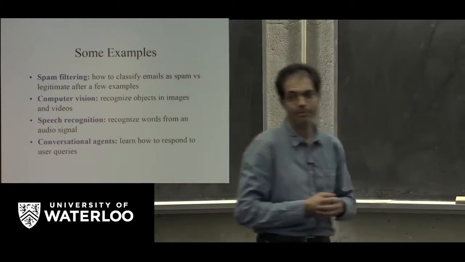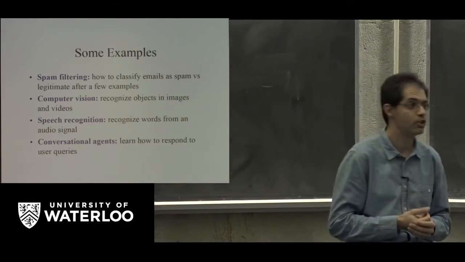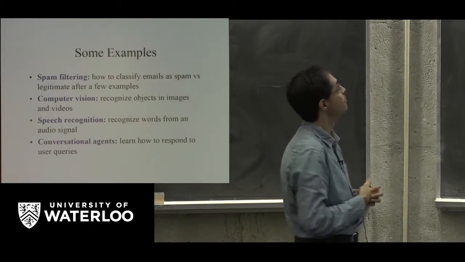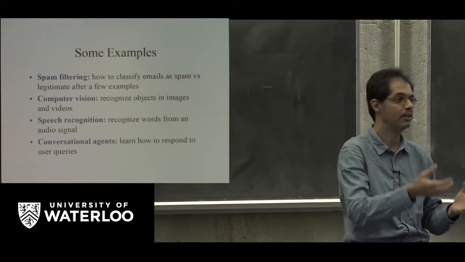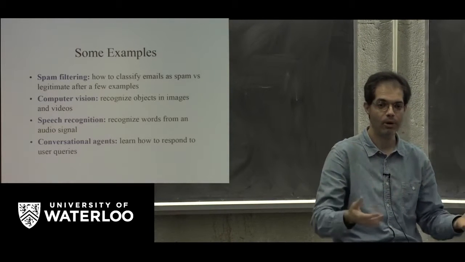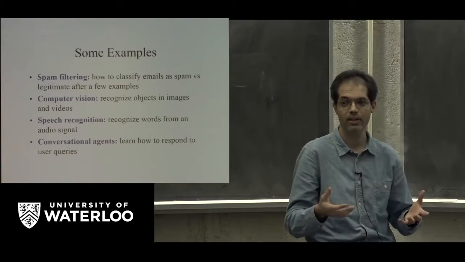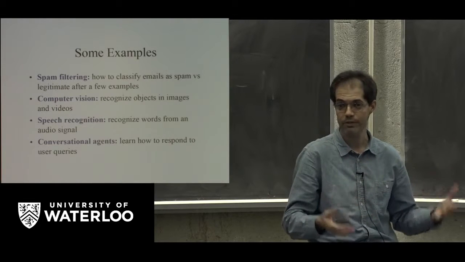There's lots of other examples. So at the moment in the industry, there's lots of enthusiasm for machine learning. That's in part because of some of the breakthroughs in computer vision as well as speech recognition. So for instance, if you use Siri with Apple, or Cortana with Microsoft, what's underlying this technology is also machine learning, so deep neural networks that we're going to cover in this course.